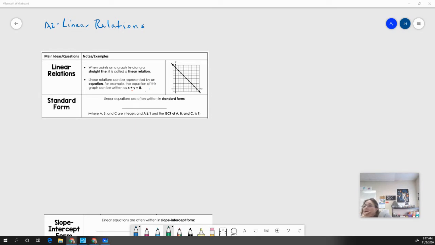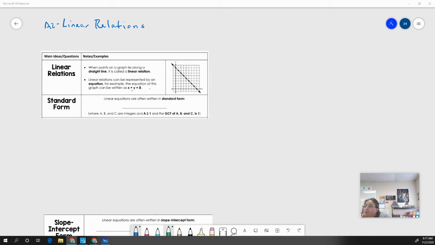So as you can see up here, we've got linear relations. When points on a graph lie along a straight line, it's called a linear relation. Basically, anything that graphs in a straight line is linear. And linear relations can be represented by an equation.